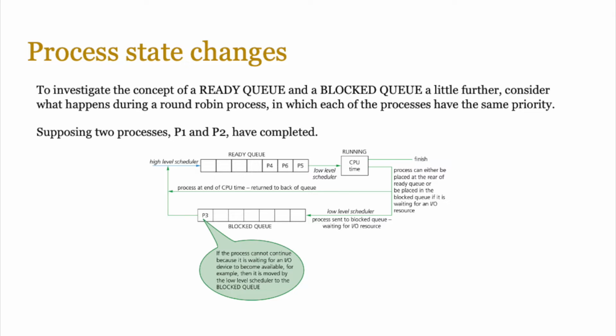So let's suppose that we've got processes P1 to P6, not necessarily in the same order in the ready queue. P1 and P2 have been completed. P3 is running on the CPU, and it needs to wait for an input, so P3 gets moved to the blocked queue. Then the next in line, P5, gets its chance of running on the CPU, and that gets executed, and there is no other part for P5.